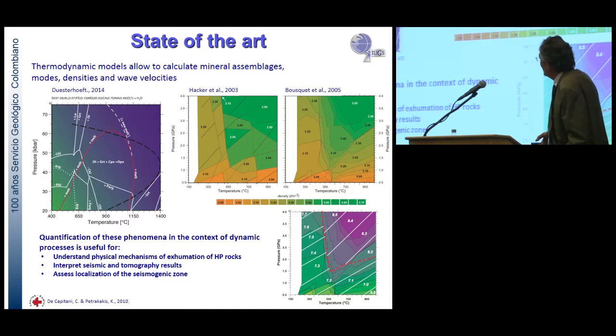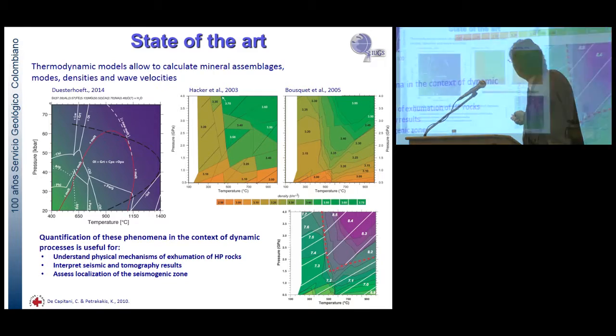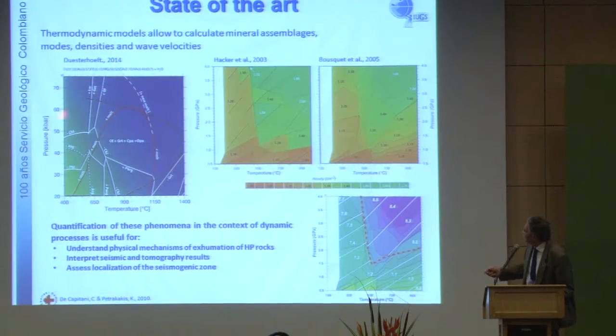So the state of the art is that we can calculate petrogenetic grids in relation to any rock composition that we give into the models. You see here the rock composition for this specific diagram. Several people have found out that there is something like a metamorphic density, and we can now calculate from the metamorphic densities our wave velocities.